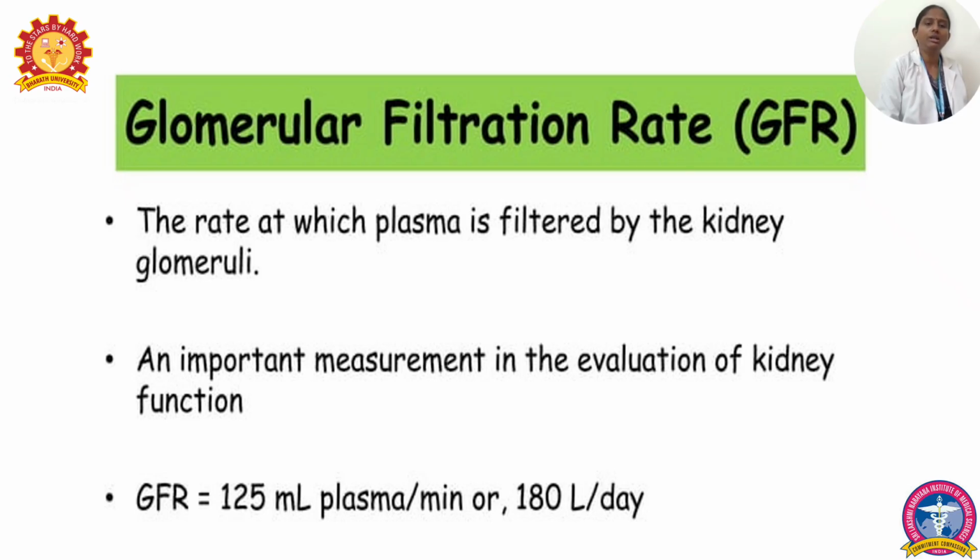It is the total volume of ultrafiltrate formed by the nephrons of both the kidneys in unit time. So if you take it for a minute, it is about 125 ml per minute. And when it is converted for a day, it is about 180 liters per day.